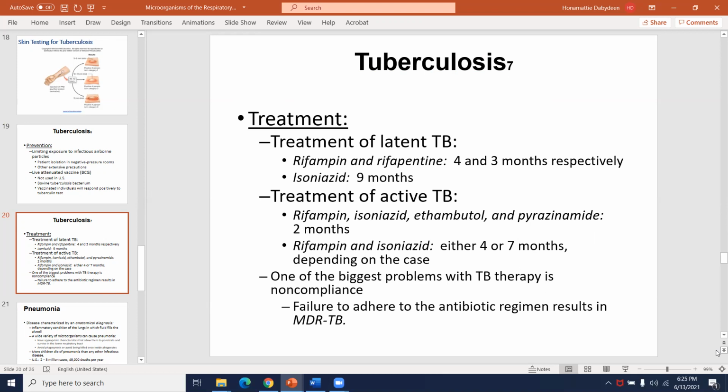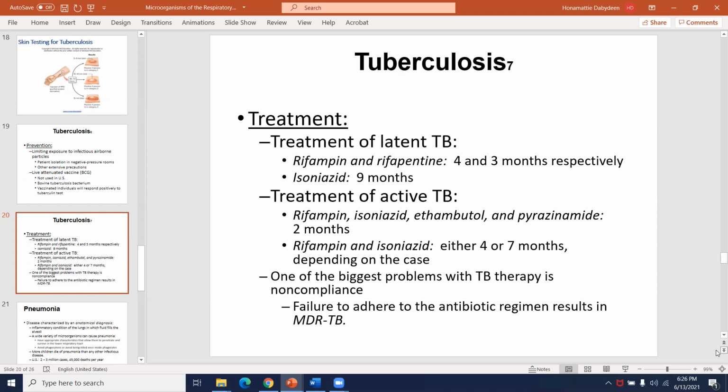But even when you try to treat patients, one of the biggest problems with TB treatment is non-compliance. What does that mean? Look at the time period. It's not the doctor giving you penicillin, take it 3 times a day for 10 days and you're done. We're talking months.